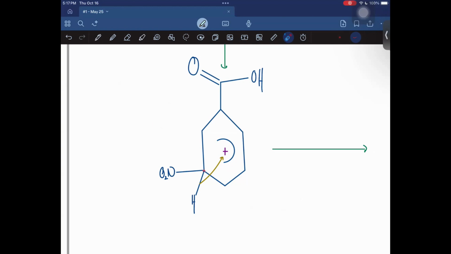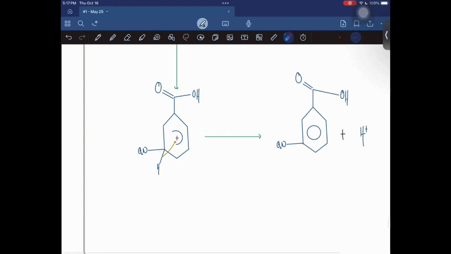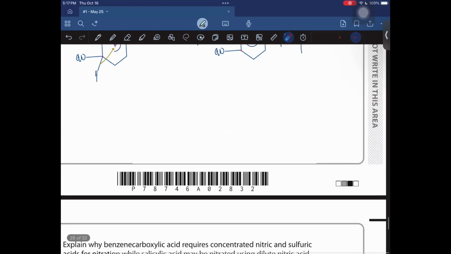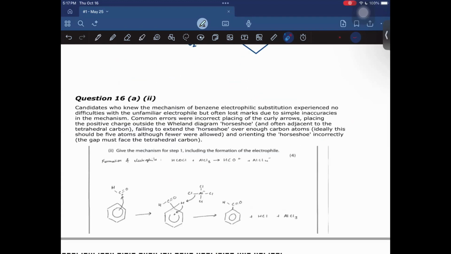Now I do not need you to trust me on this. Let's just see what the examiner at Edexcel wants you to do. Candidates who knew the mechanism of benzene electrophilic substitution experienced difficulties with unfamiliar electrophiles, but often lost marks due to simple inaccuracies.